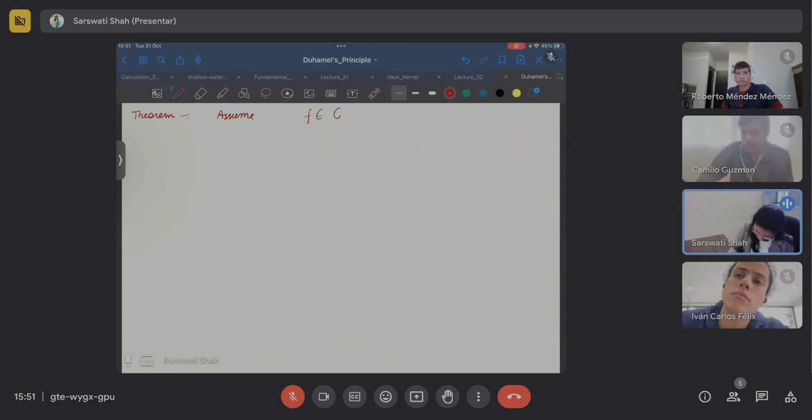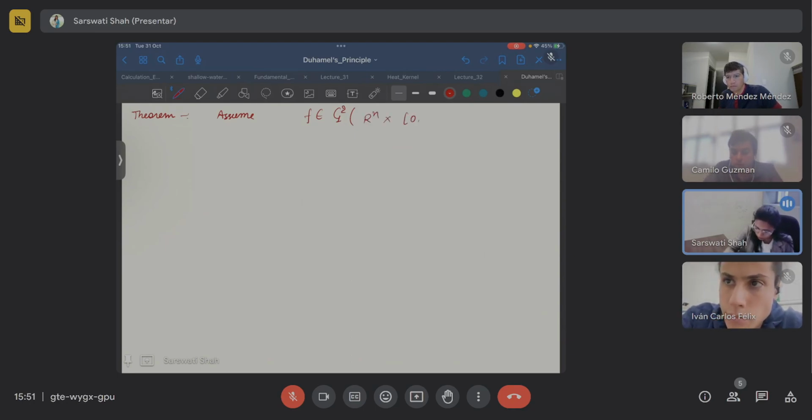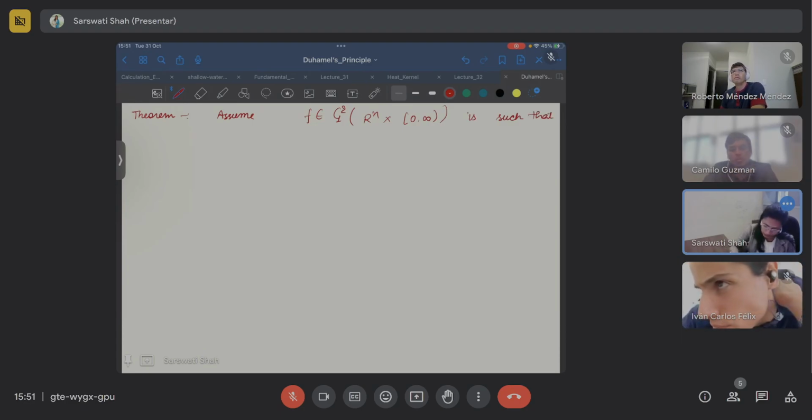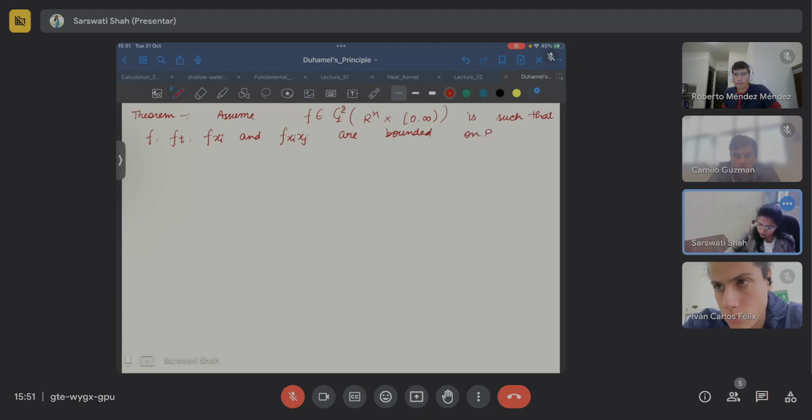Assume that f belongs to the space of second order continuous functions on Rn cross 0 comma infinity. So the non-homogeneous function is second order continuous on the whole domain, such that f, its derivative with respect to t, its derivative with respect to xi, and its double derivative with respect to space variable are bounded on Rn cross 0 comma infinity.